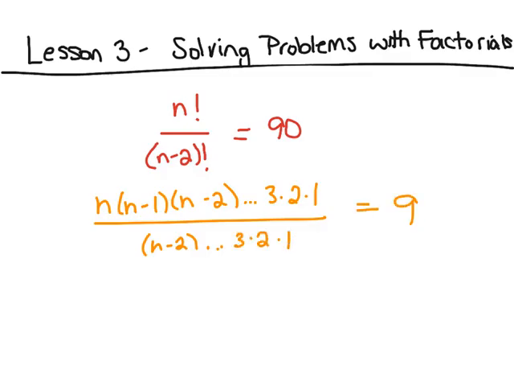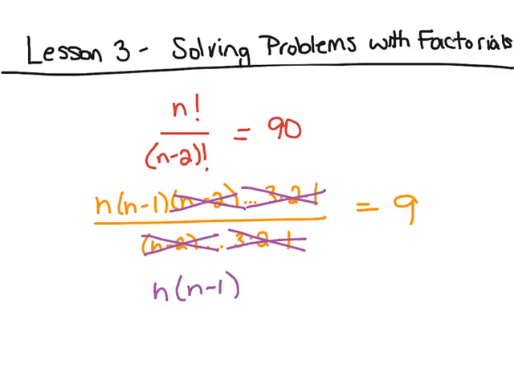Everything past n minus 2 is going to cancel. So we're left with n times n minus 1 is equal to 90. Then we're going to distribute this into the brackets. So we have n squared minus n, and we're going to move the 90 to the other side. So we have n squared minus n minus 90 equals 0.